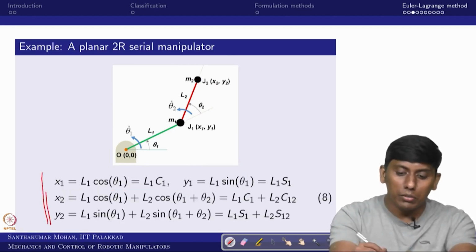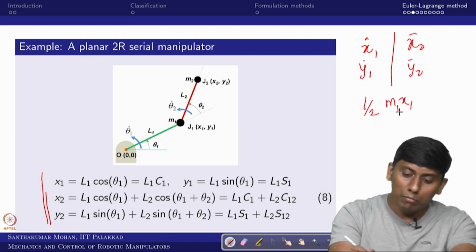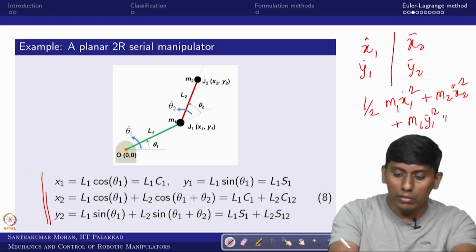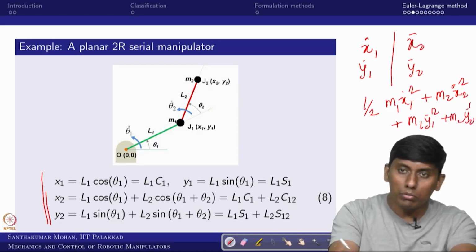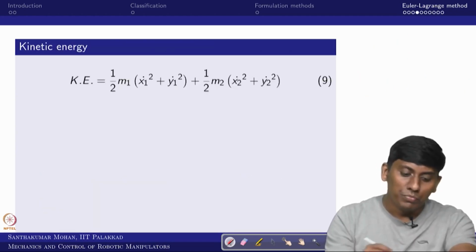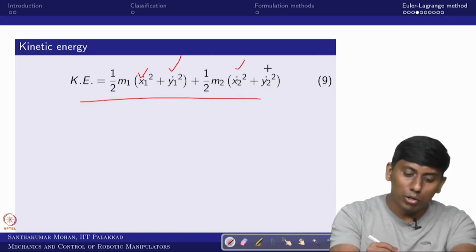Once you obtain this, you can find x1 dot, y1 dot, similarly x2 dot and y2 dot, and half m1 x1 dot squared plus m2 x2 dot squared plus m1 y1 dot squared plus m2 y2 dot squared, right. This you can calculate, and then you can find it. For that you need to know x1 dot, y1 dot, x2 dot, y2 dot.